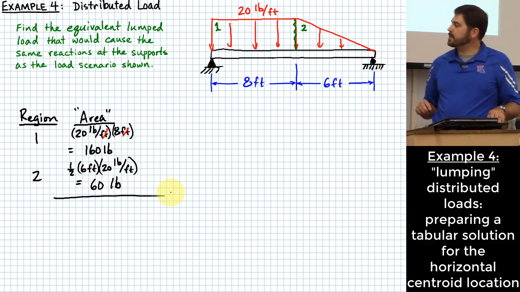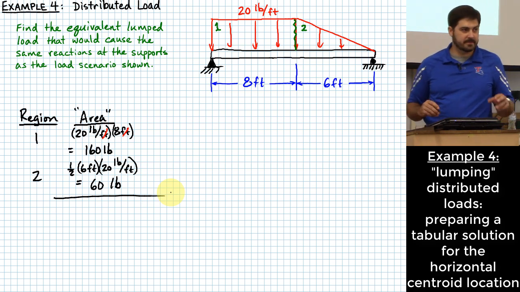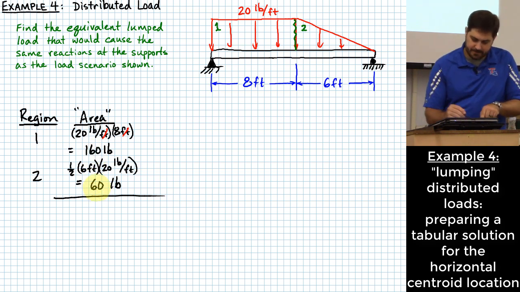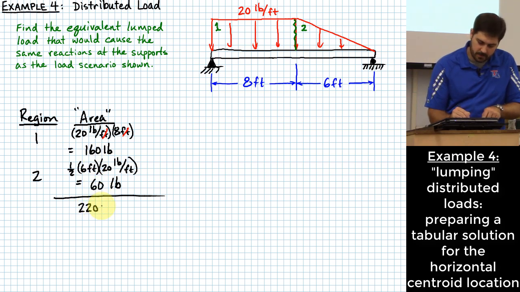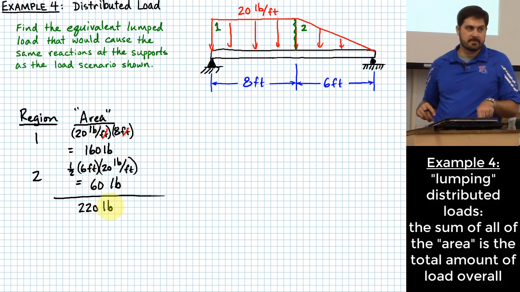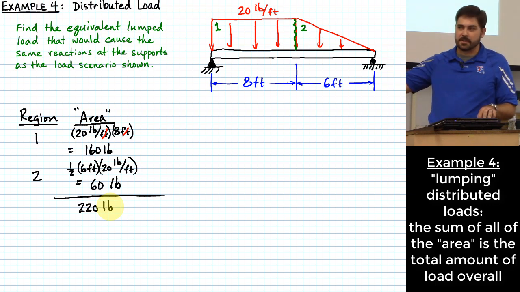When I sum this up, what do I get? Right? It ends up being 220 pounds. But what is that? That's the total amount of distributed load that's on the beam. Okay? That's what that value means.